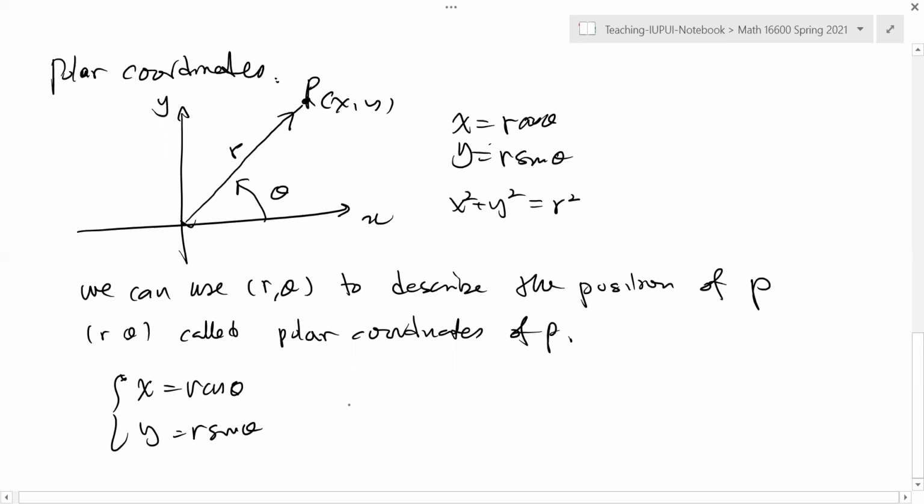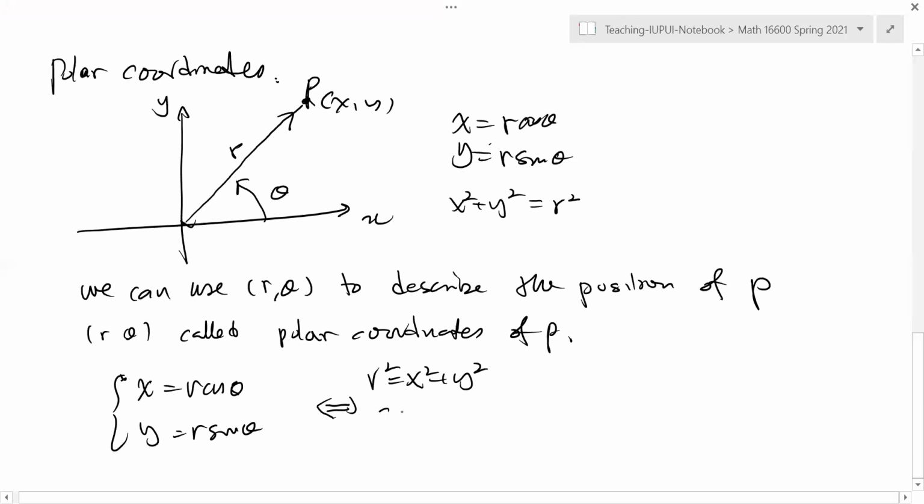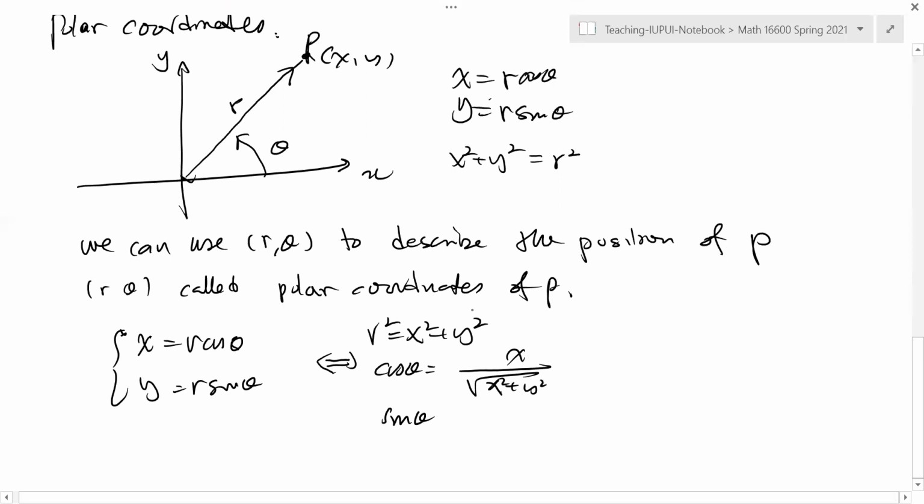How do you do that? r squared is going to be x squared plus y squared. Then theta can be determined by either of two equations. Cosine theta is going to be x over the square root of x squared plus y squared. And sine theta, I think I should use the radical.